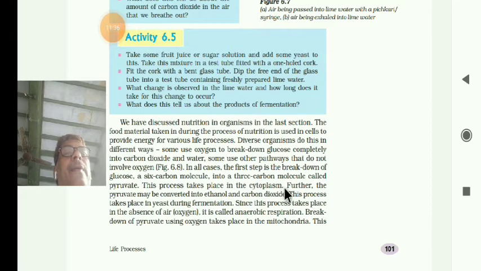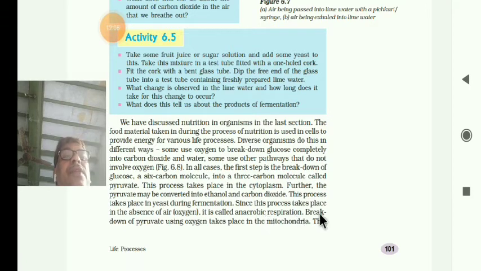Further, the pyruvate may be converted into ethanol and carbon dioxide. This process takes place in yeast during fermentation. Fermentation means the process of conversion of sugar into acids, alcohol or gas by the action of yeast. Since this process takes place in the absence of oxygen, it is called anaerobic respiration.